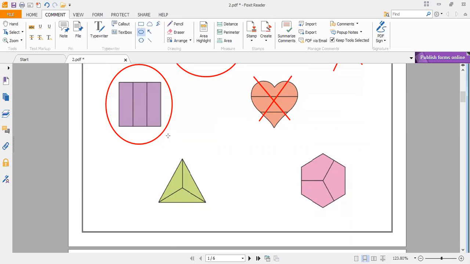Why? Because we have three equal parts. Shahd, does this one show thirds? No. Why? Look at the parts. Yes, they are the same. All the parts are the same. So we're going to choose this one.